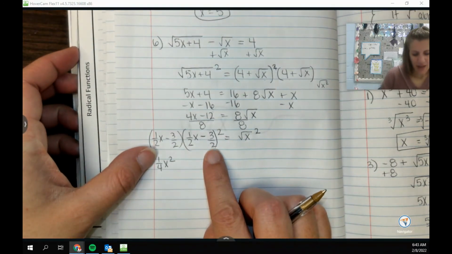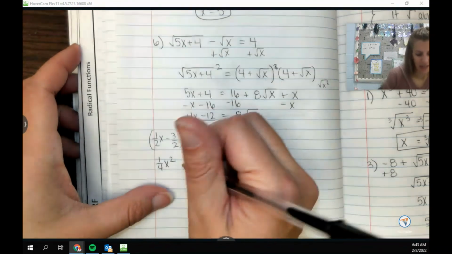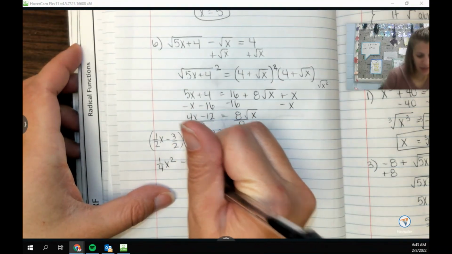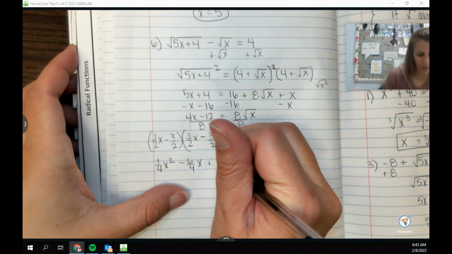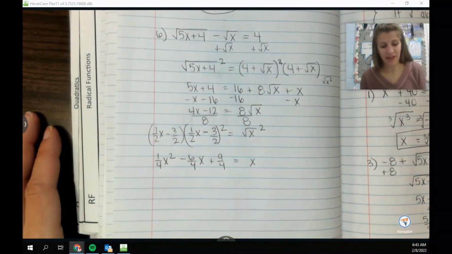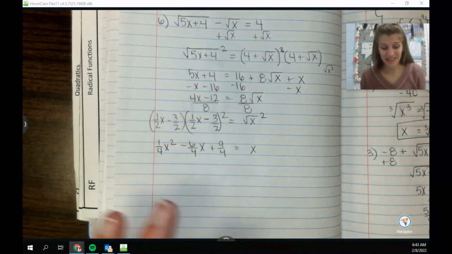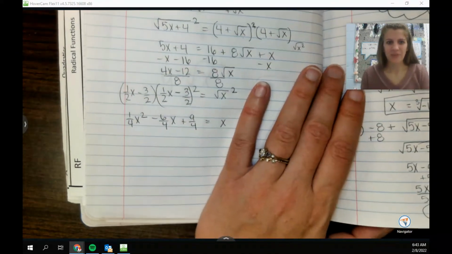Here we're going to have negative 3 over 4 and negative 3 over 4, so negative 6 over 4. And then last we'll have positive 9 over 4 equals x. Oh my word, and we're finally to just x. No more square roots. Oof.